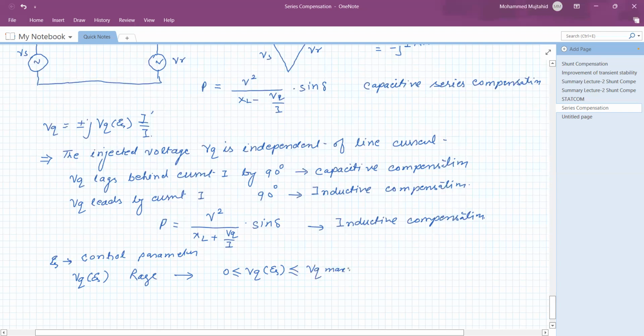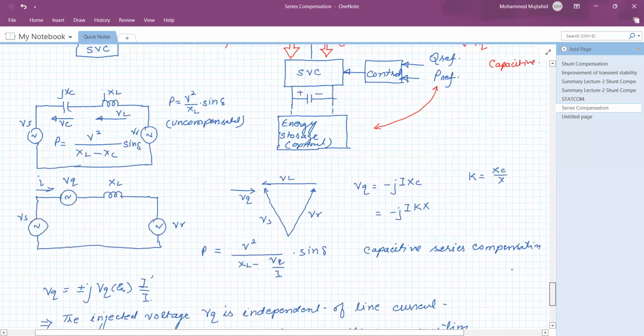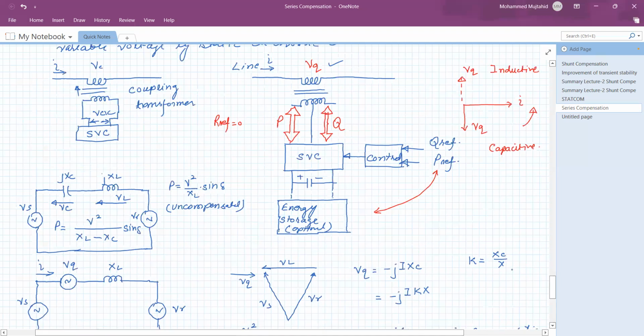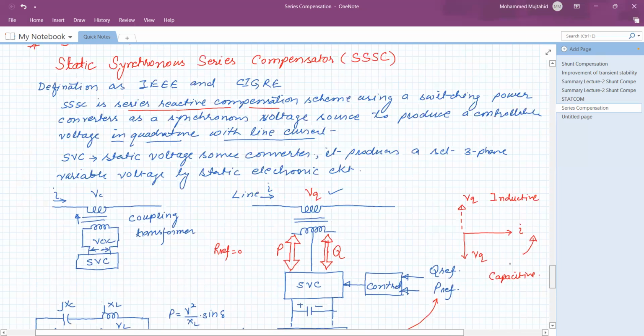So this is the range of voltage by which we can control the reactive power, reactive voltage compensation in the transmission line. So this is what is related to static series compensation, that is, static voltage source compensation. Thank you.